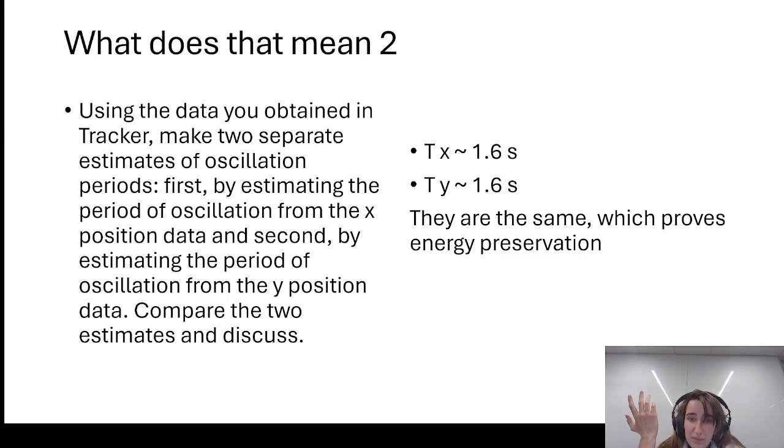So they're the same, which proves energy preservation. So if the period is the same, the energy lost in the x direction goes to the y direction. So yeah, that's why they're the same, I guess, as far as my knowledge tells me.